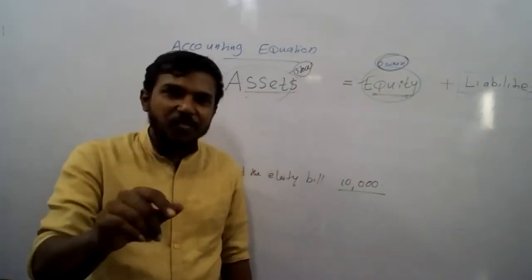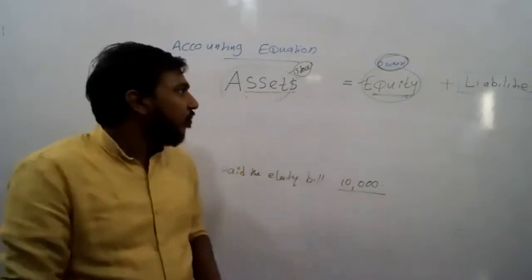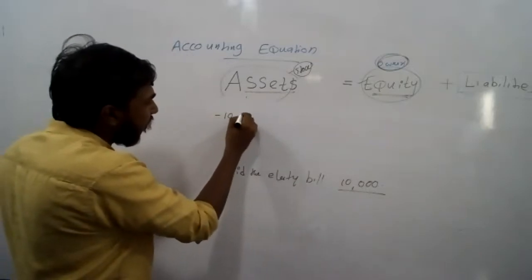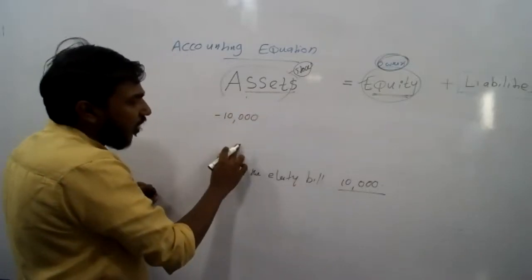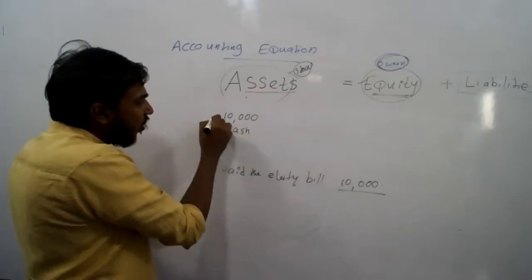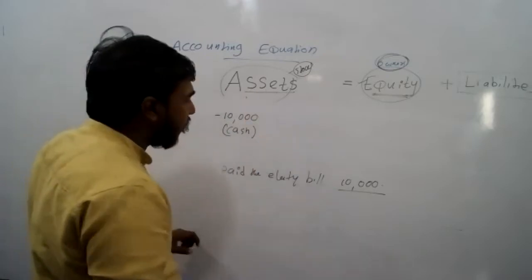If there is any impact for the cash, of course, yes, you pay the electricity bill, so cash would be decreased by 10,000. Cash means asset, right? So asset decreased by 10,000 because it's cash.